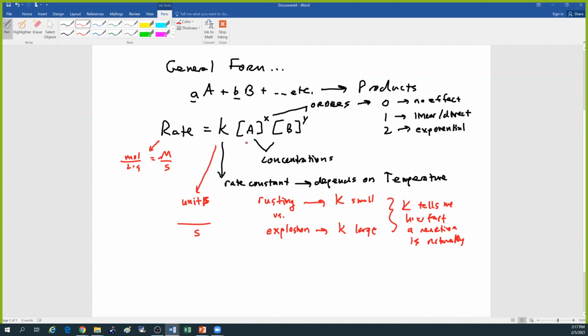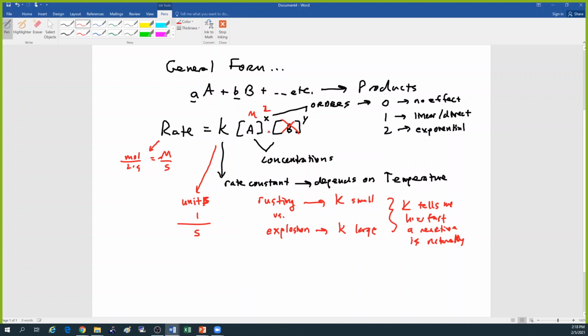If you look at the powers of this, let's assume for a minute that this was first order, and let's just focus on one reactant. Well, this would have 1 unit of molarity. And so K's unit in that case would just be 1 over seconds. Because if this is molarity once, and I multiplied it by 1 over seconds, I'd get molarity per second.